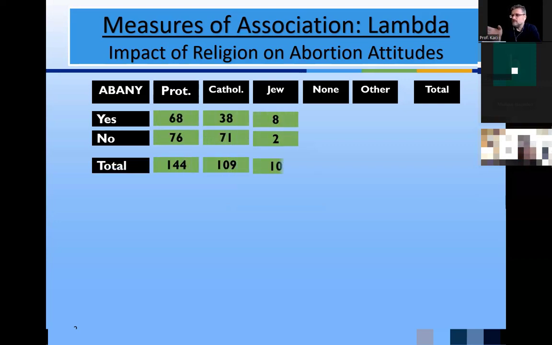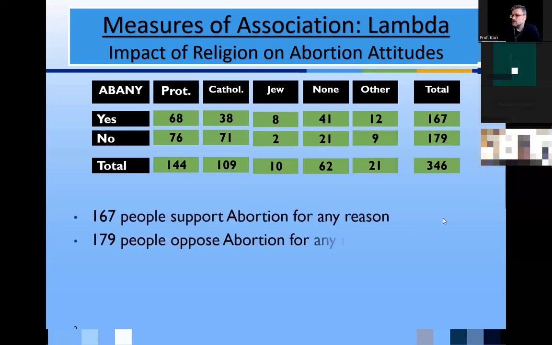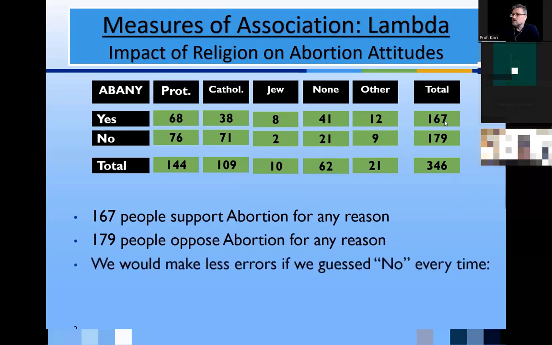So we have 68 Protestants that favor abortion for any reason and 76 that don't favor. Now, if you look across the row, you have a total of all of those who favored abortion for any reason and those who did not favor. So 167 people supported abortion for any reason and 179 people opposed abortion for any reason.